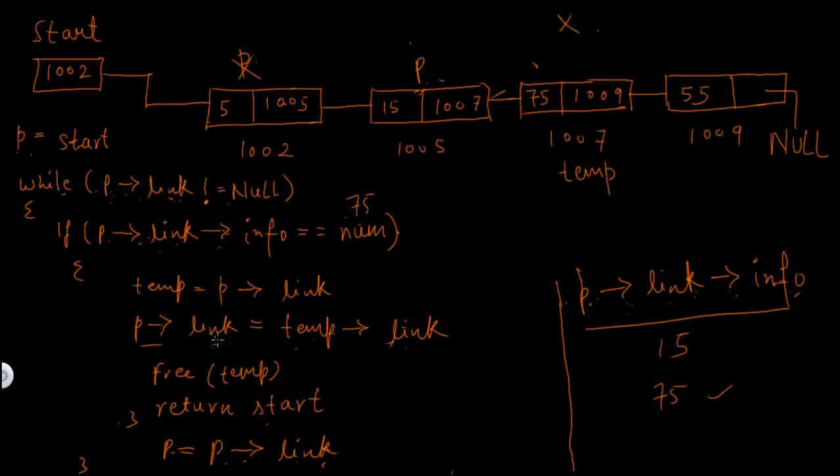Now p arrow operator link means link part of this node, and link part of this node will be assigned the address of this node, because temp arrow operator link means link part of this node, which is the address of this node. So according to this example, this whole thing is 1009, and it will be assigned to link part of this node.